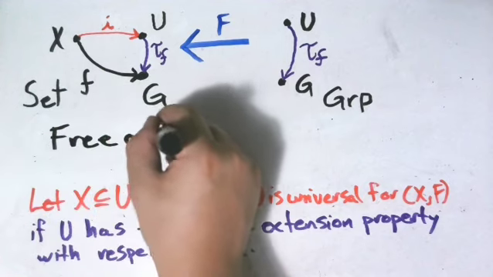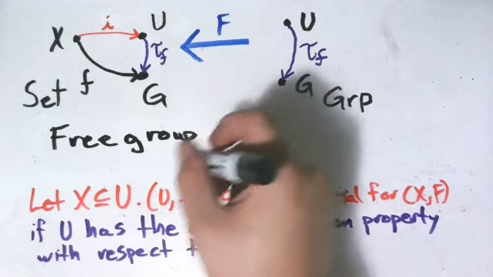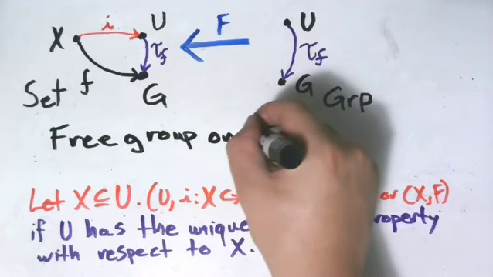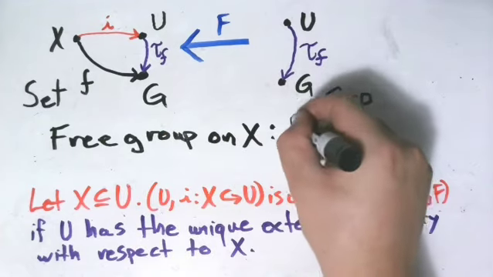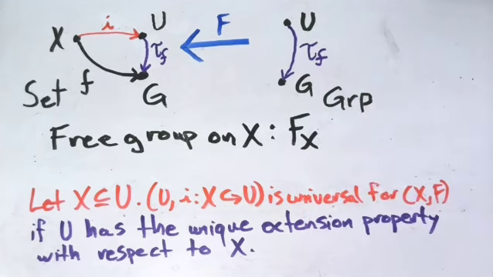So in this case, it would be the free group on X, sometimes denoted as F of X. So this free group on X, or sometimes known as the group freely generated by X, is defined to have this unique extension property with respect to X, but we can actually also show it constructively.